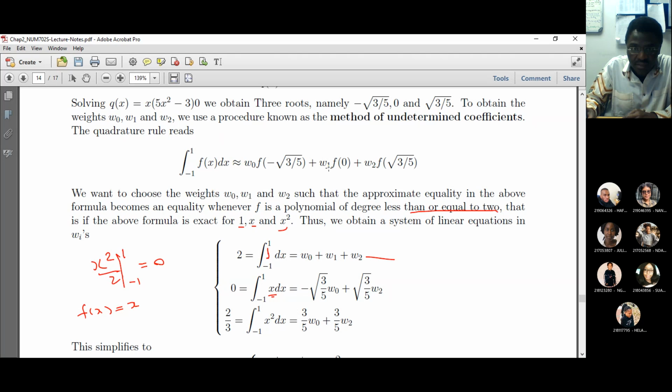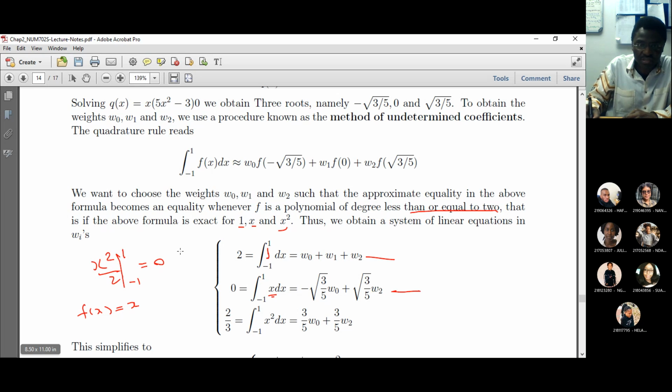Plus W1 times f of 0. f of 0 is 0, so W1 is not present. Now, if I take x equal to square root of 3 by 5, it gives square root of 3 by 5 times W2. So this is our second equation.